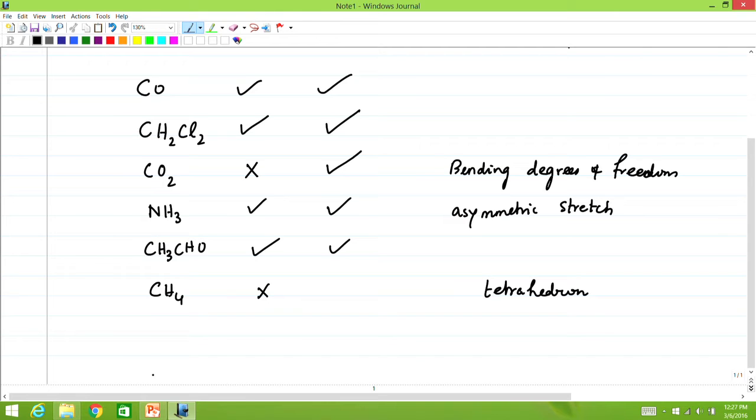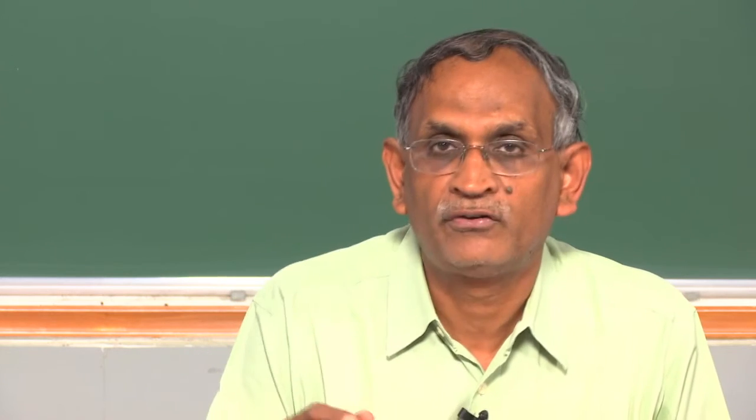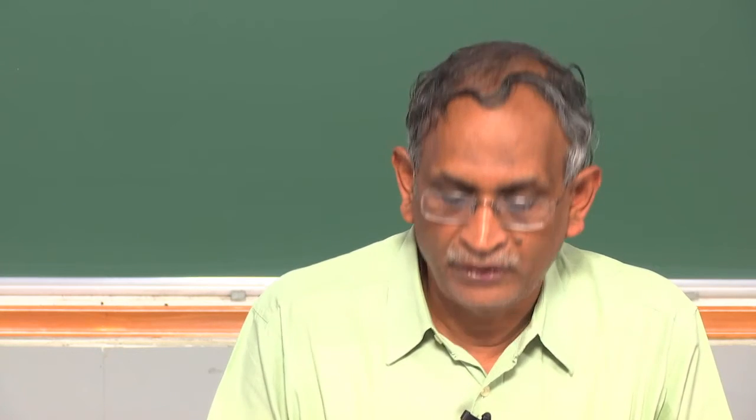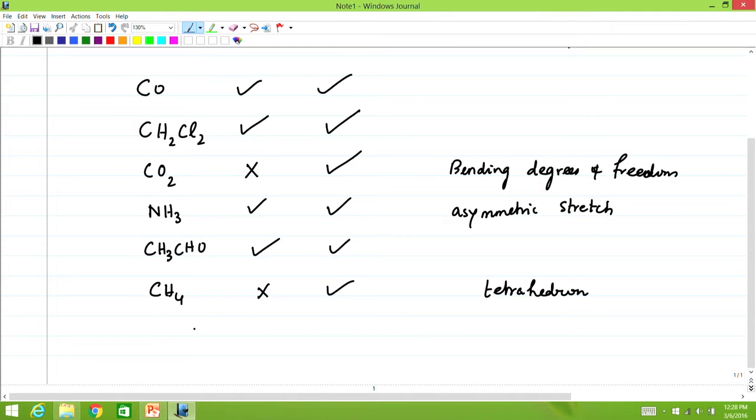Some of these normal modes lead to change in the dipole moment, therefore it has infrared spectrum. The symmetric stretch of CH4 will not have a dipole moment because all 4 hydrogen atoms vibrate away from equilibrium together. Such modes are not seen, but in general it has IR spectrum.